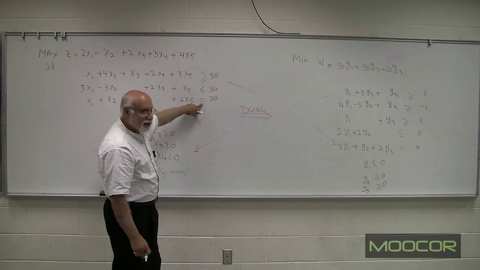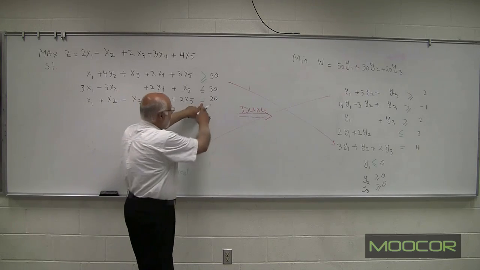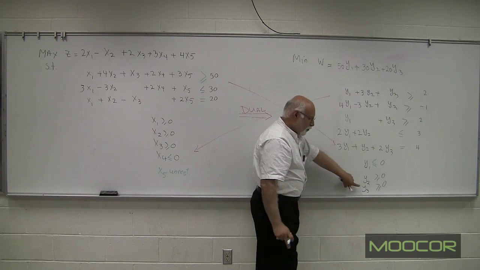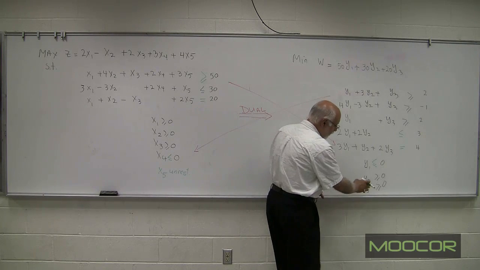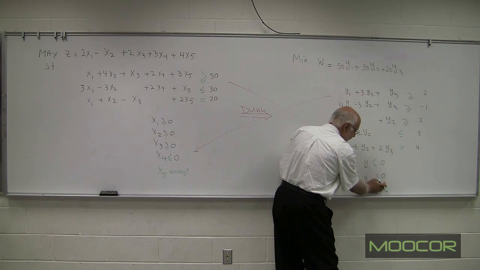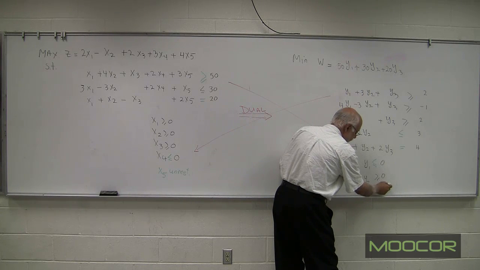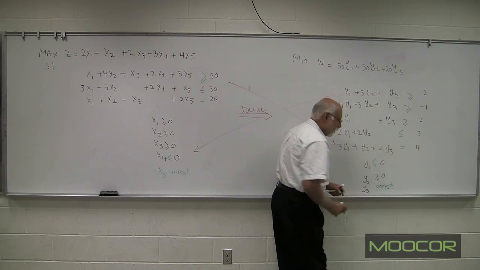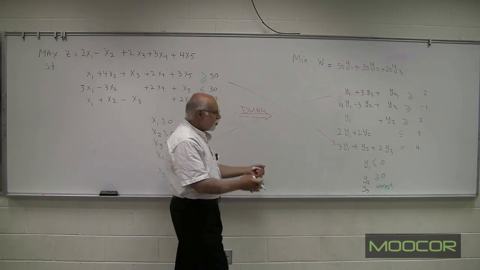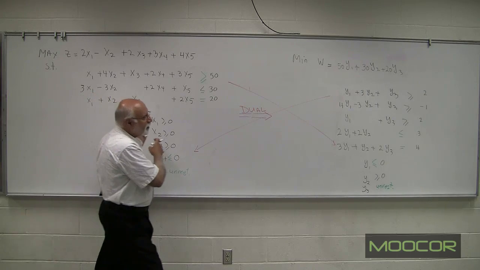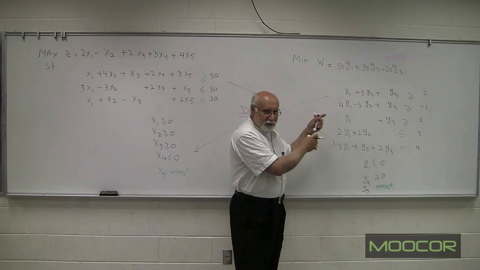So if this is an equation, then the third variable will be unrestricted. So in general, if you learn the basic format, you can write the dual.